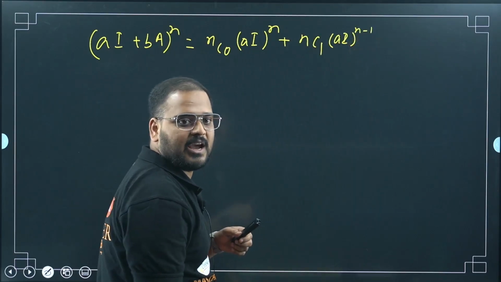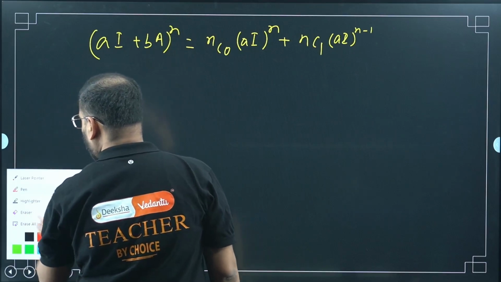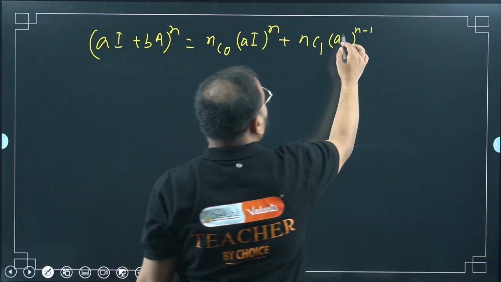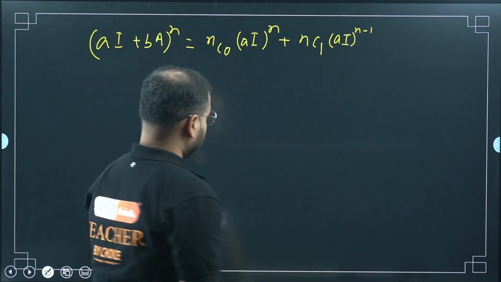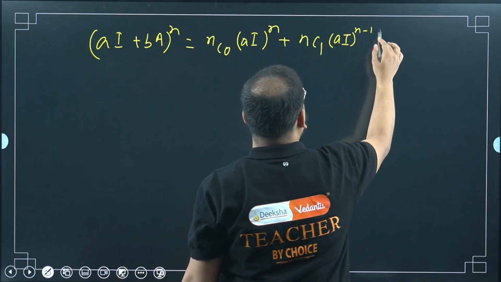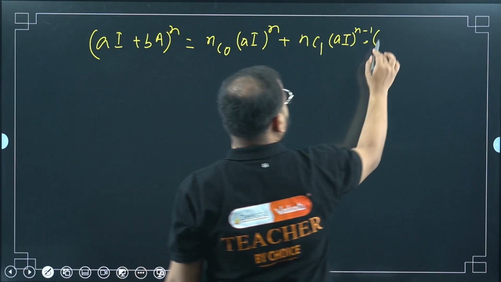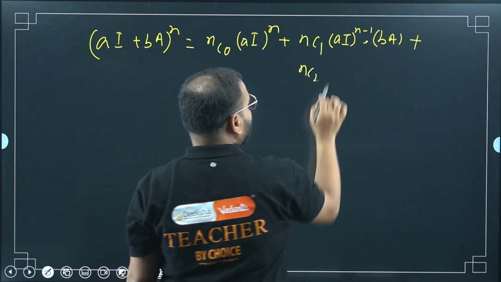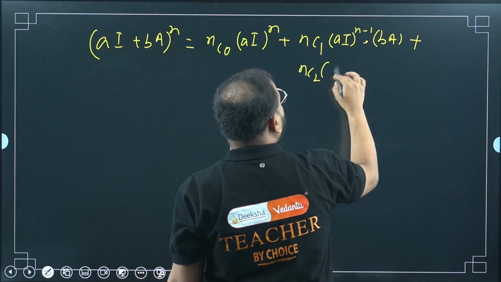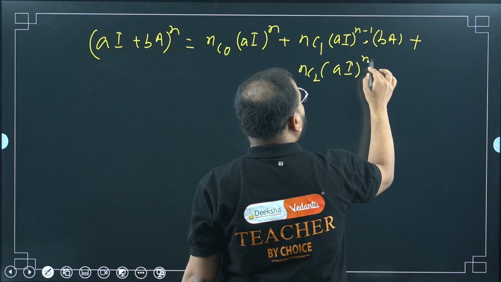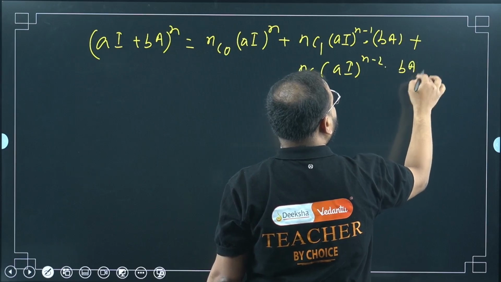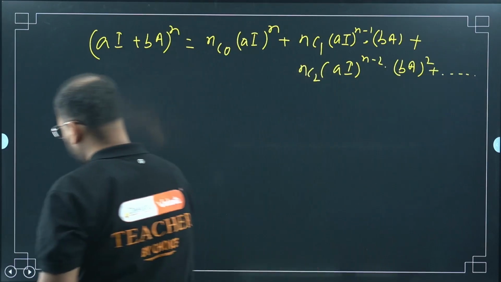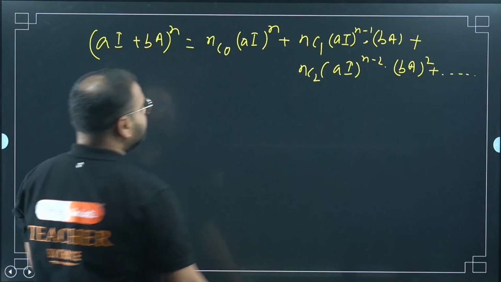I hope you can see this, that's not 2, that's 8I to the power n minus 1. Next, plus nC2, 8I to the power n minus 2 and BA square, and plus so on. This is simply binomial expansion.